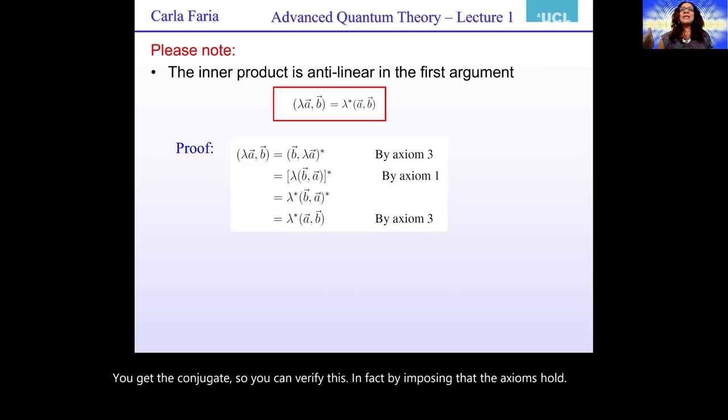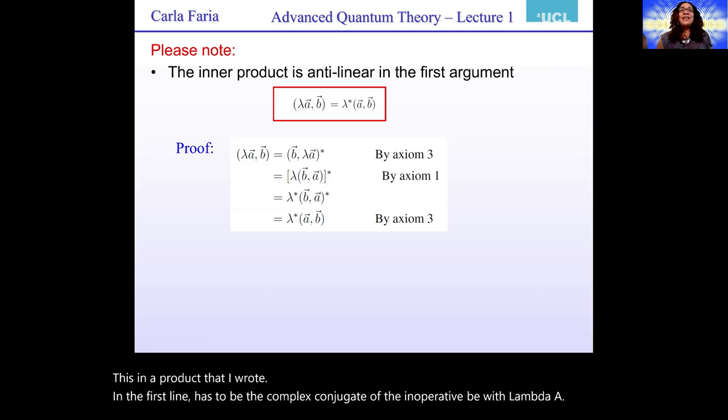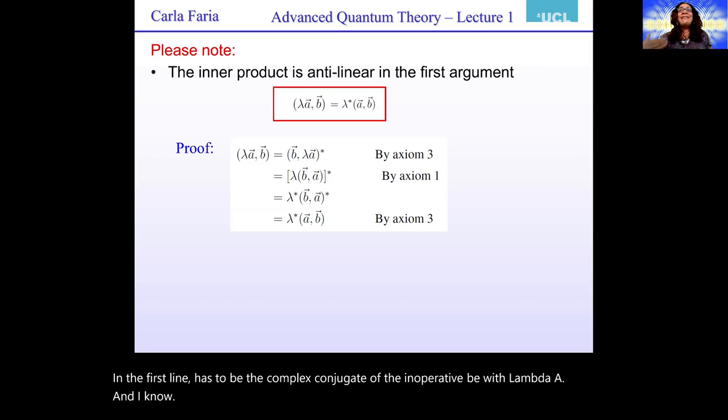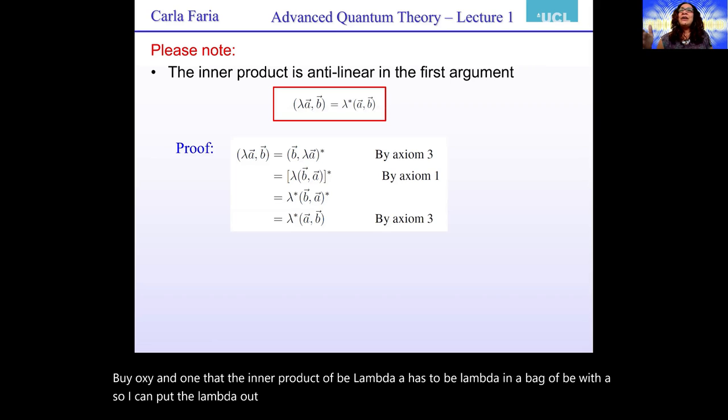And if you apply axiom 3, you know that this inner product that I wrote in the first line has to be the complex conjugate of the inner product of B with lambda A. And I know by axiom 1 that the inner product of B with lambda A has to be lambda times the inner product of B with A. So I can pull the lambda out, because this is linear in the second argument.